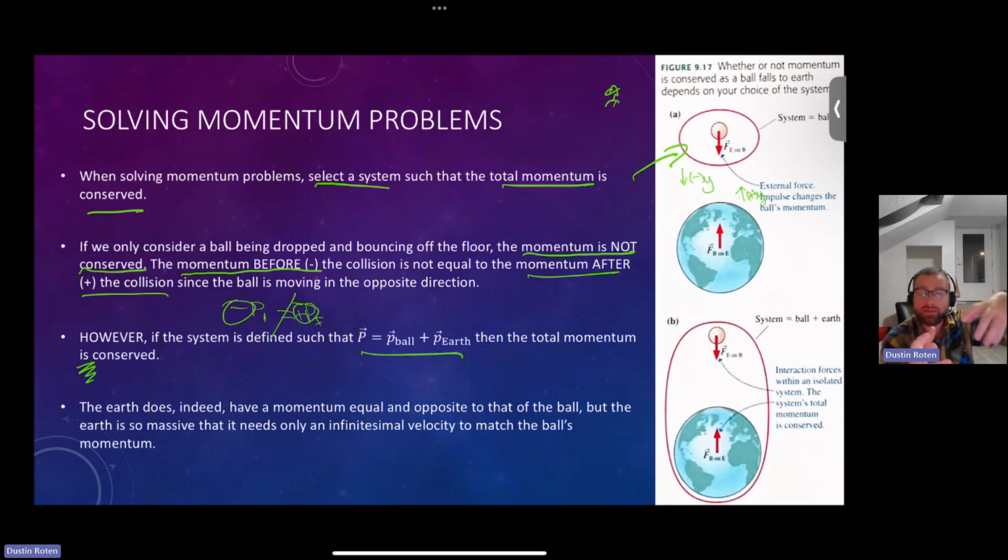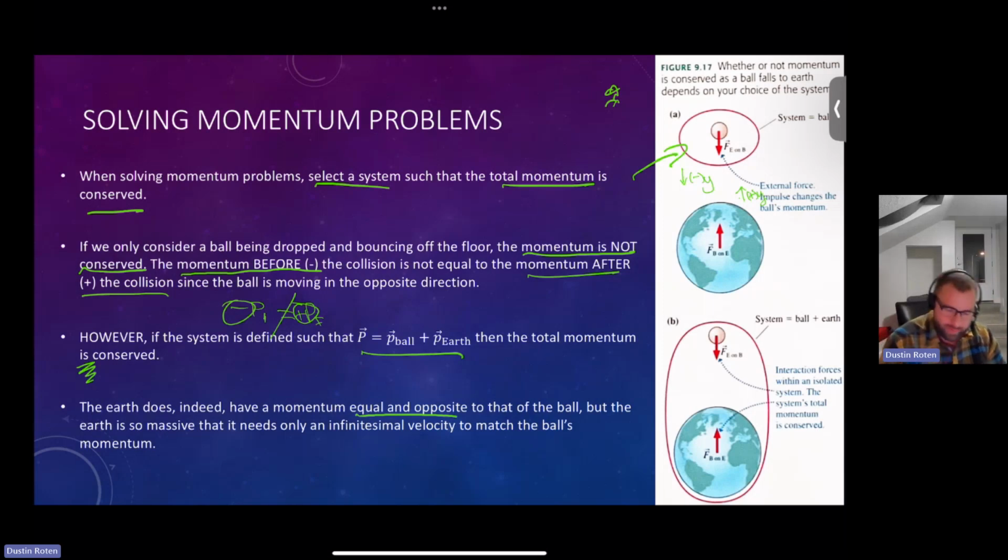But in theory, the Earth will move and sort of make up for that change in momentum of the ball. So essentially, as long as you add up the momenta of both at the beginning, they have this interaction and the ball goes up, the Earth has to counter that change in momentum for the system to have a zero change in momentum. So essentially, the Earth does indeed have a momentum equal and opposite to that of the ball.